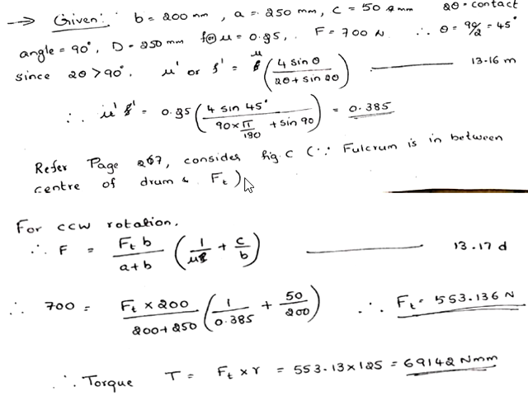After that, we have to conduct the calculation for clockwise rotation and also for counterclockwise rotation. First, let me complete the calculation for counterclockwise rotation. Very important: in front of figure 3 in the data handbook, there are 2 equations, one for clockwise rotation and one for counterclockwise rotation.